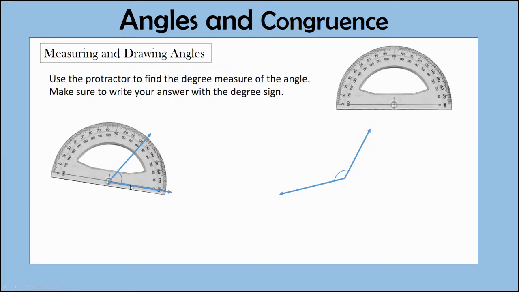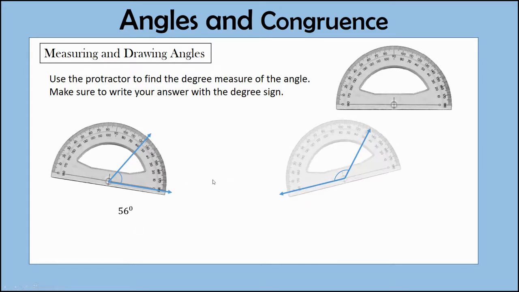The way that we extend is the zero that we reference. In this case, I extend this way, so I'm going to use the inside set of numbers because that's where the zero is. As I move from this ray to the other ray, I go 10, 20, 30, 40, 50, about 56 degrees. So we would say this angle is 56 degrees.